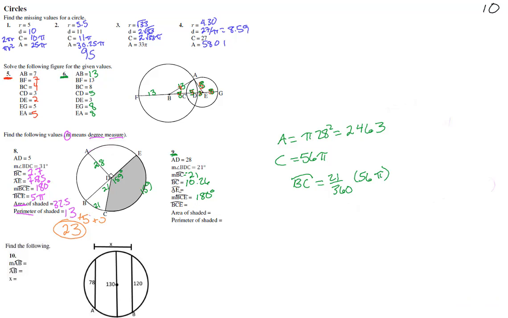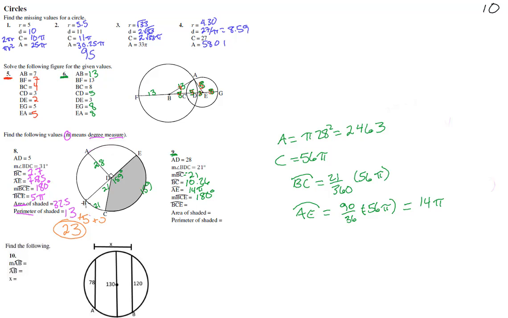Okay, arc AE. That is arc length. We know it's a 90-degree measure, so it's 90 out of 360, which is 1/4, times 56 pi. So 1/4 of that, oh hey, we can do that. 1/4 of 56 is 14. That comes out nice, 14 pi.